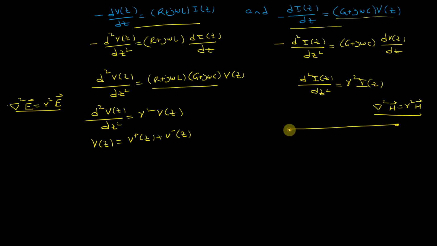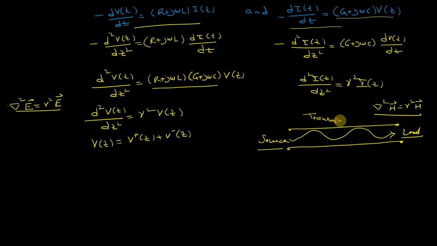If this is a transmission line, a particular wave will be transmitted from the source or generator to the load or destination. This is called the transmitted wave.